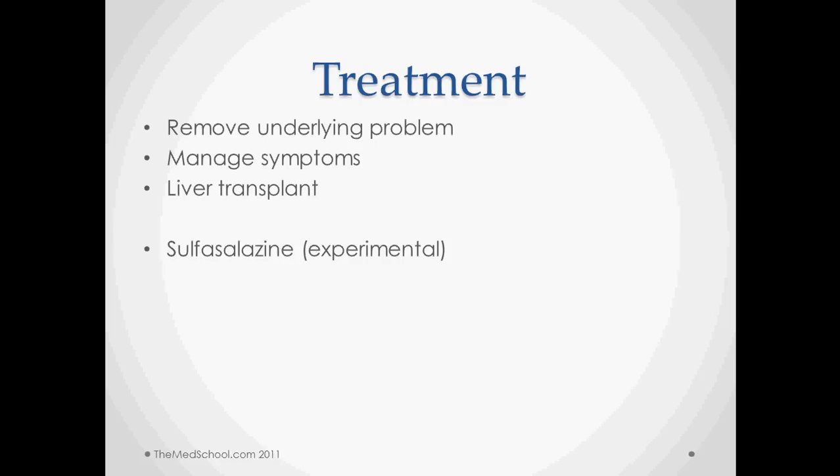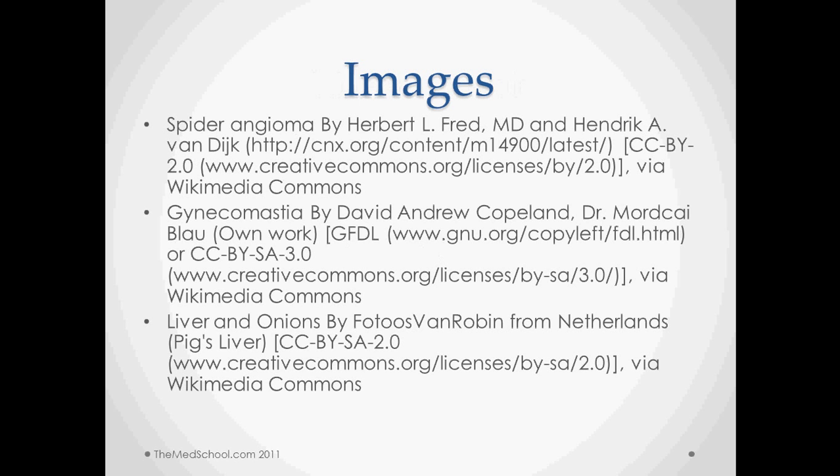Sulfasalazine is in experimental trials with the possibility of reversing liver damage or aiding in the reversal of liver damage. So we'll probably see some of that in the future.